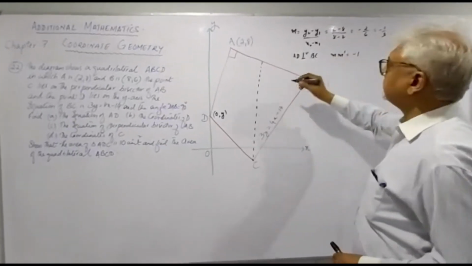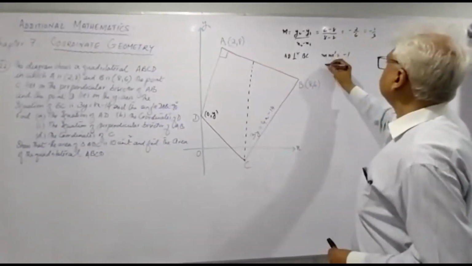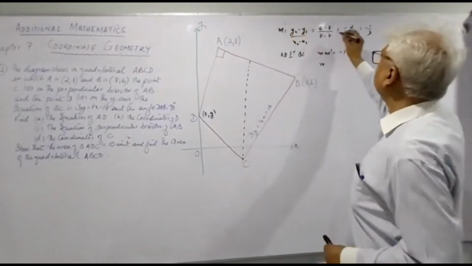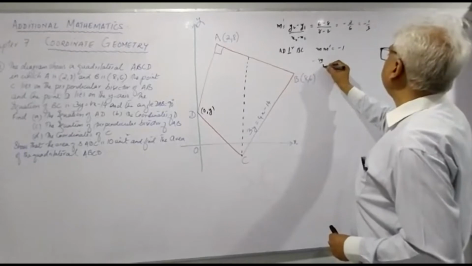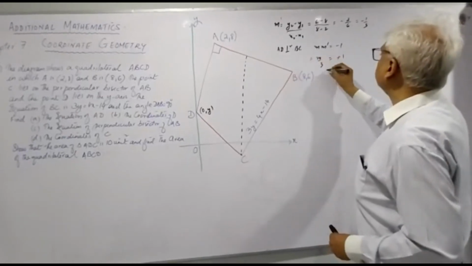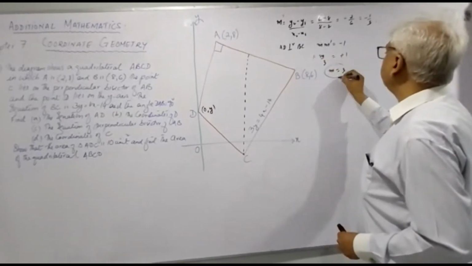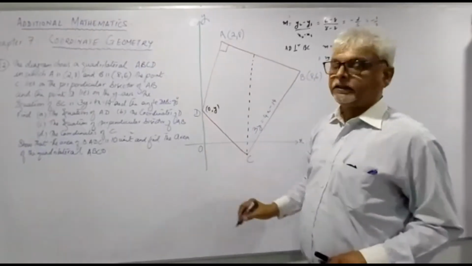So we need to find the slope of AD. Let's say this is m and this we just calculated as m'. So m times -1/3 = -1. Minus minus is cancelled, m = 3. So we now have the slope of AD equal to 3.